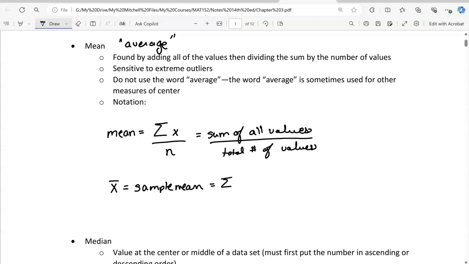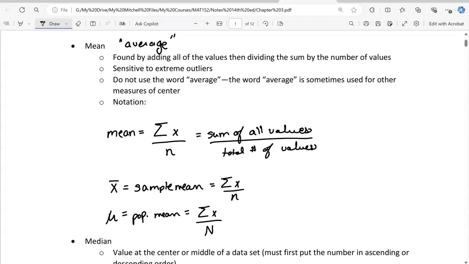And it's just sum of the X values divided by the total number in our sample. If we're talking about population mean, population parameters are going to use Greek letters. So we're going to see this Greek letter called mu to represent the population mean. And it's going to work the same way. Sum of all the X values divided by the total number we have.